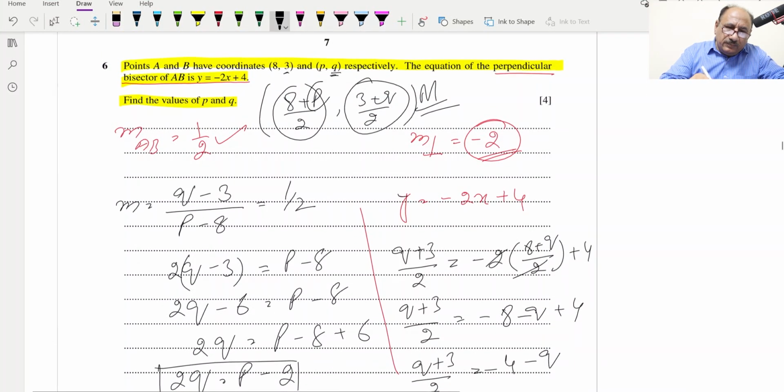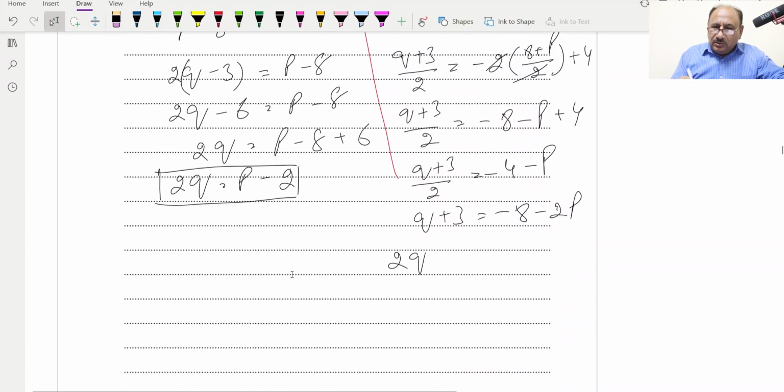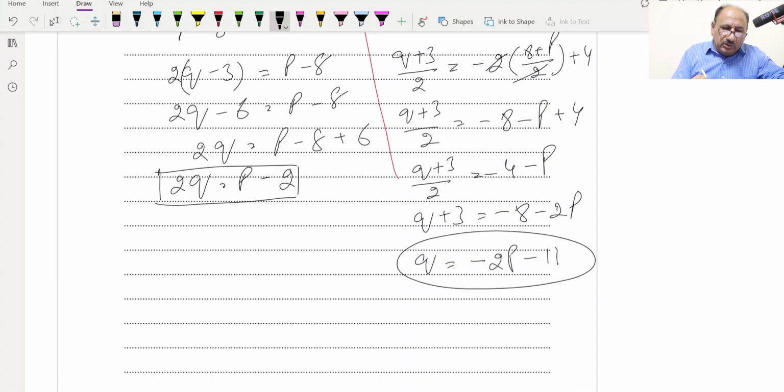This was 8p, and we have written q over here. So we will switch this to p, and we will rectify this one over here. So q will be equal to minus 2p, minus 8 minus 3 will be minus 11. So this will be our one equation, and this will be our second equation.